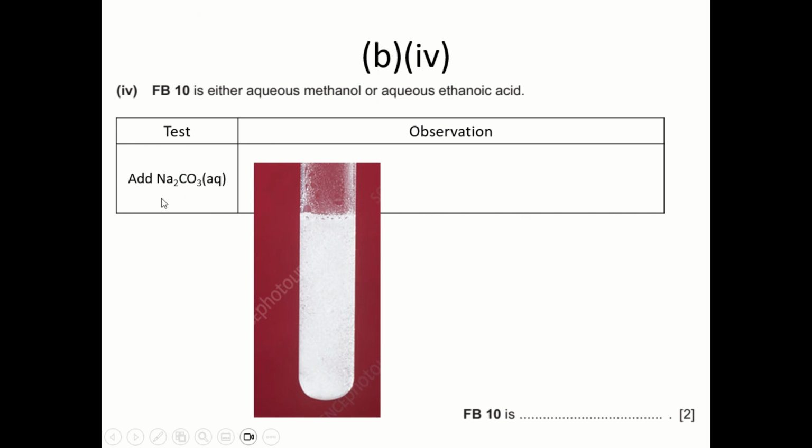Adding sodium carbonate to FB10, you can see the bubbles of gas being formed. So again, we write it as effervescence. So you see, sodium carbonate added to an unknown sample, you see effervescence. So that is carbon dioxide gas. So please test the gas with lime water. It will give a white precipitate with lime water.